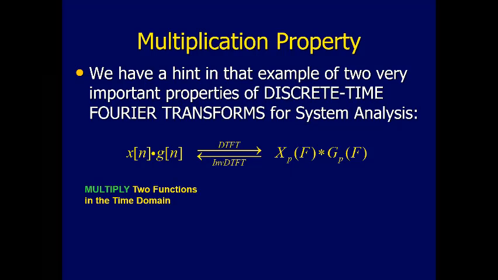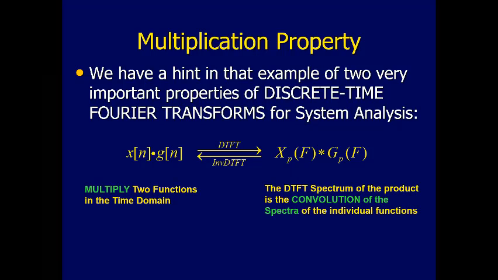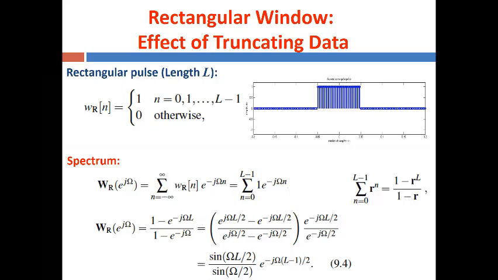So when we multiply functions in the time domain, we get convolution in the DTFT spectrum. And since that spectrum is periodic, and both of these functions will be periodic, the convolution that we're carrying out is really circular convolution. So what implication does that have for when we extract a piece of a signal and look at its spectrum, like on a spectrum analyzer?